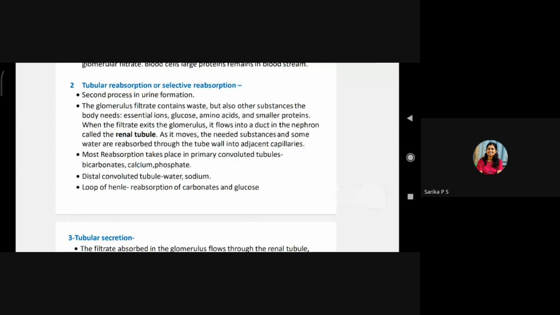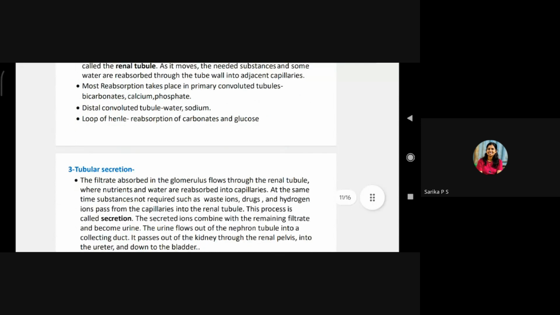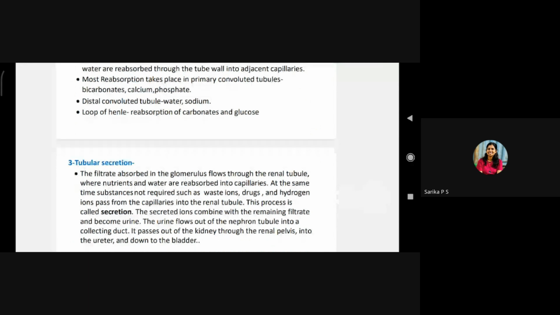Very simple. Loop of Henle, carbonate and glucose. Distal, water and sodium. Proximal, bicarbonate, calcium, phosphate. You don't need to remember in such detail, I think. You can just get the concept.